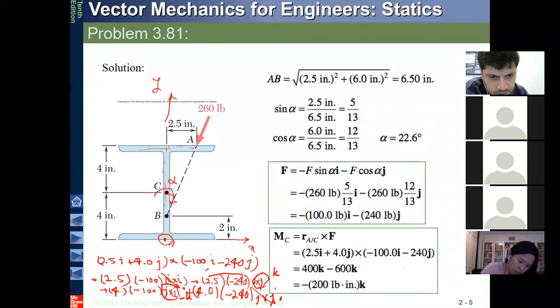This product would be 600, and this one is minus 400, and you have minus k, so you would have 400k minus 600k, and this is the resultant of the last equation, minus 200 pound-inch. So this is going to be clockwise, and this has a negative sign, so it makes sense.